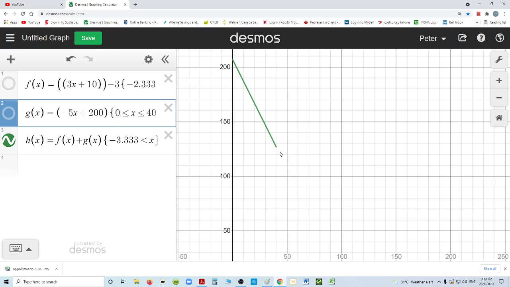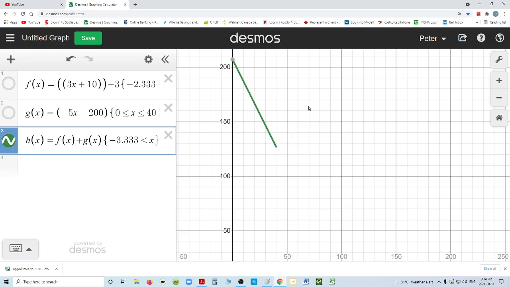So that means at 40 degrees, you're selling a total of 127 drinks. Notice it doesn't add anything after that, and we should be seeing a bounce back of the cold drinks at that point.